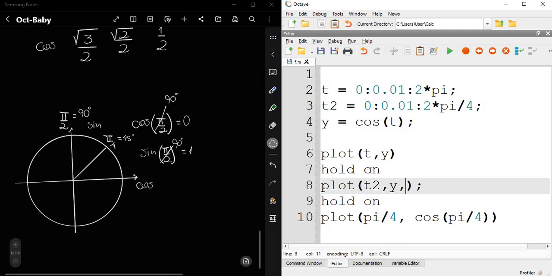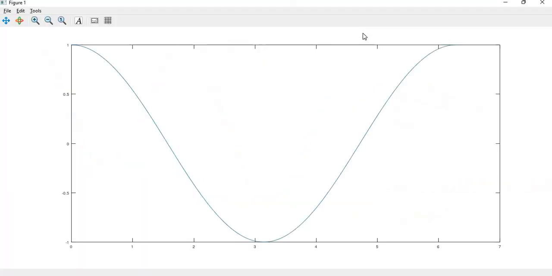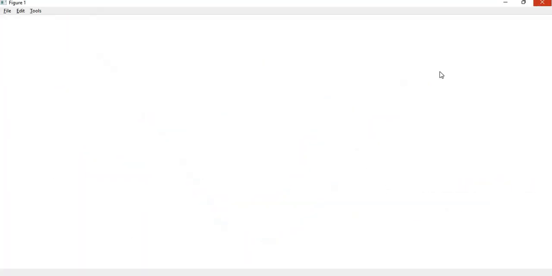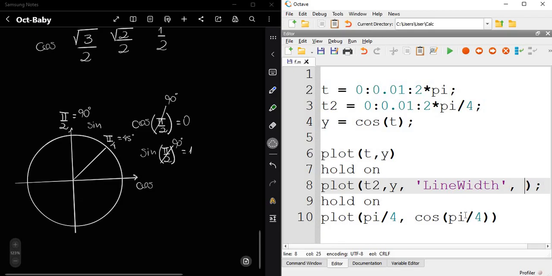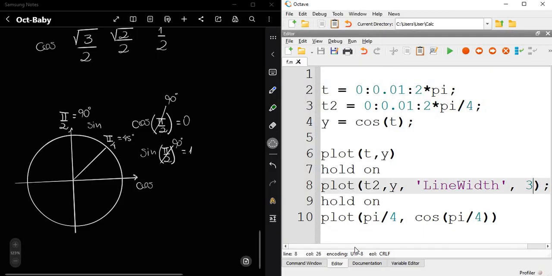So right here, a line width of 2. Let's see what happens. It doesn't work. Okay.